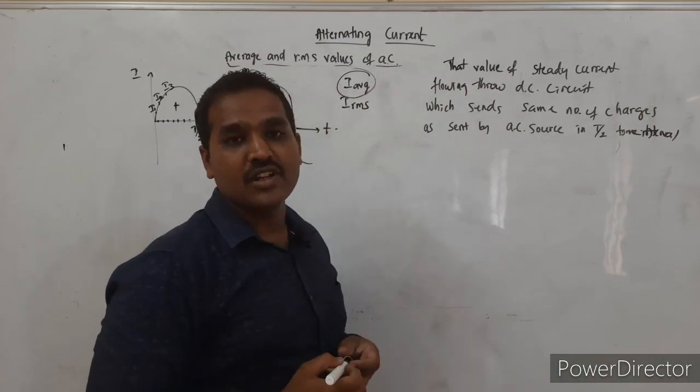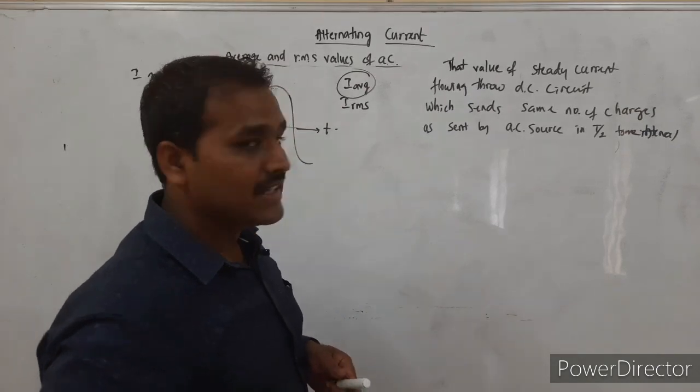This is the definition of average value of alternating current.